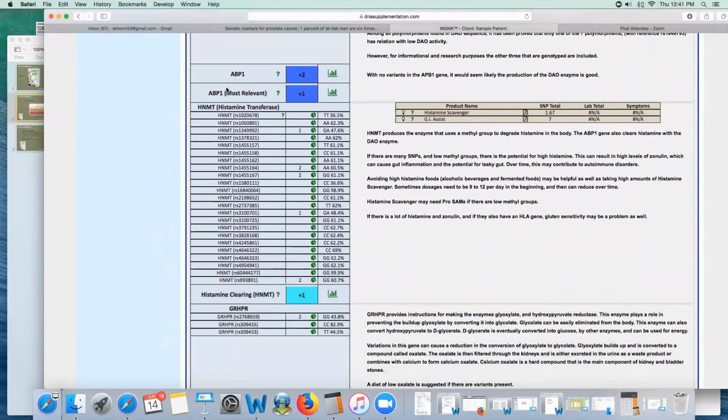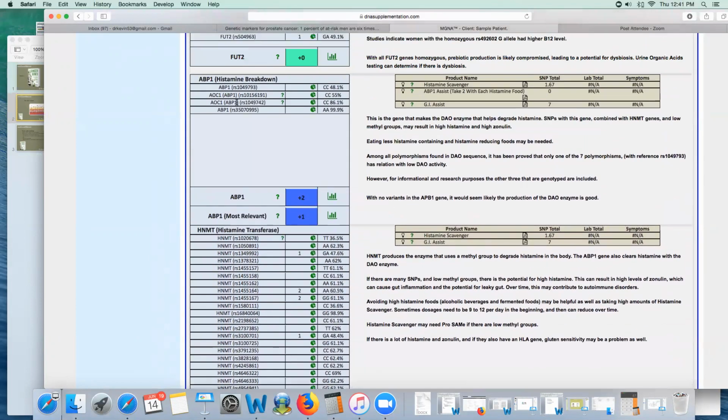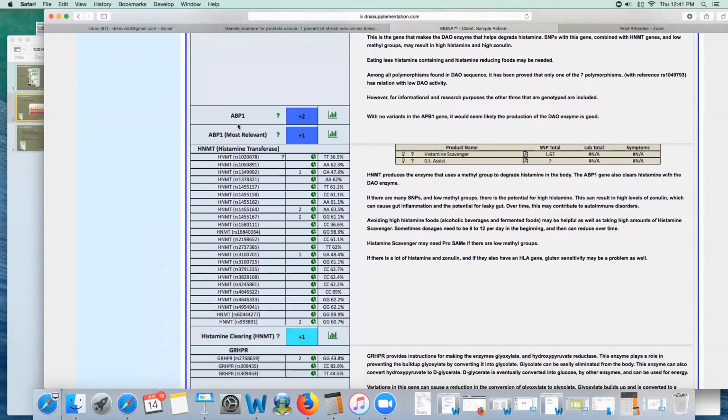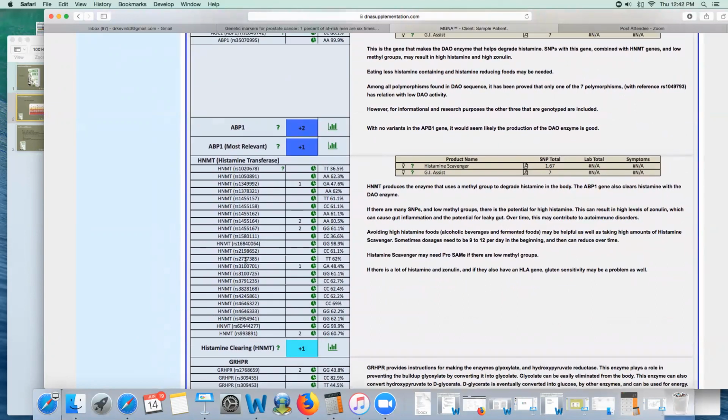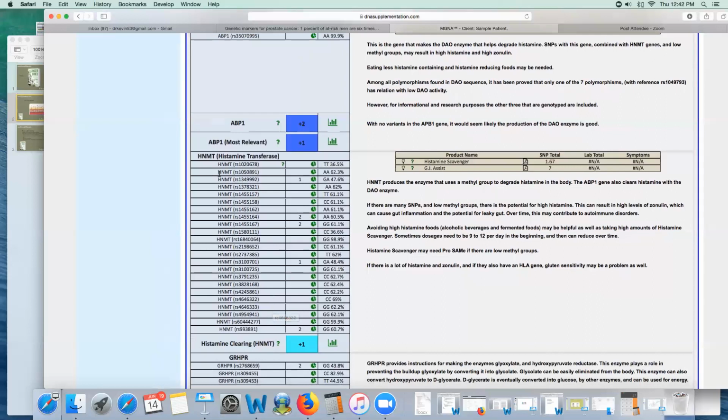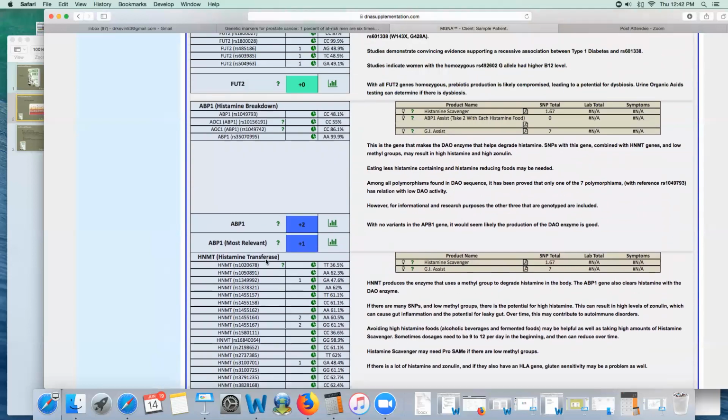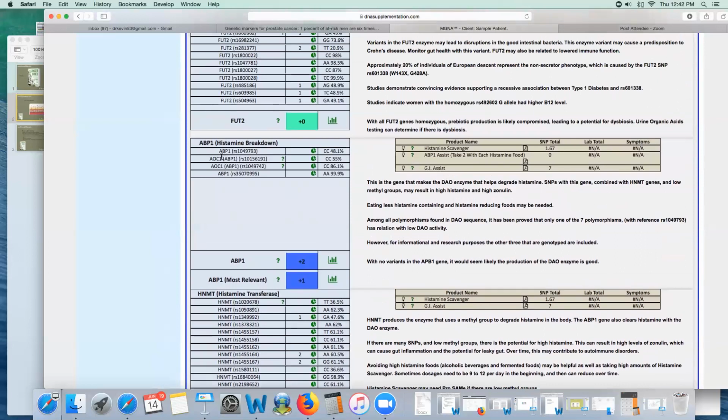The HNMT gene makes some of the enzyme for the gut, but makes most of the enzyme that breaks down histamine in the tissue. It doesn't make the histamine, it makes the enzyme that breaks down the histamine. So the HNMT gene gets rid of histamine in the tissue, does help in the gut, but it's mainly these ABP1 genes that make the DAO enzyme to break down histamine in the gut.